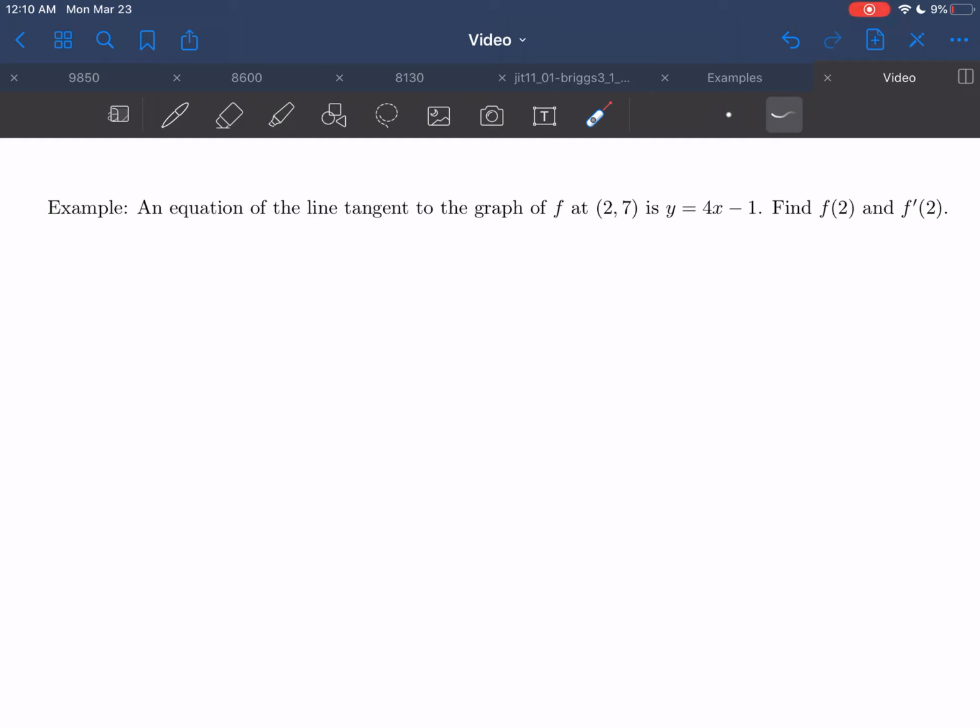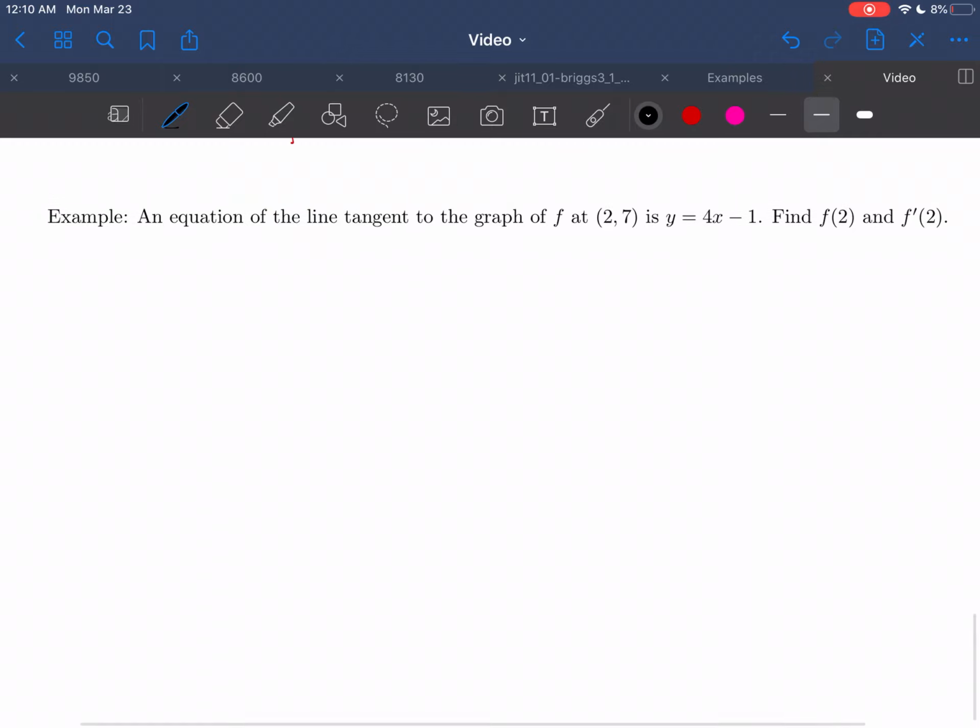So we are given this equation for our tangent line. Okay. And it wants us to instead find f of 2 and find f prime of 2. So we want to find our function evaluated at 2, and we want to find our derivative of the function evaluated at 2. So we will first start off with our f.